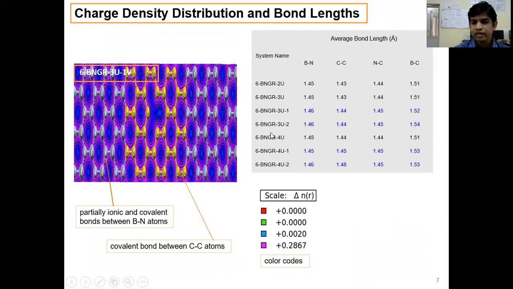Talking about the 4-layer atomic hybrid layer, the bond length between these atoms is 1.45, but again 0.01 is enhanced. So by producing the vacancies, the bond length is increased a little bit, and the strength is reduced a little further.